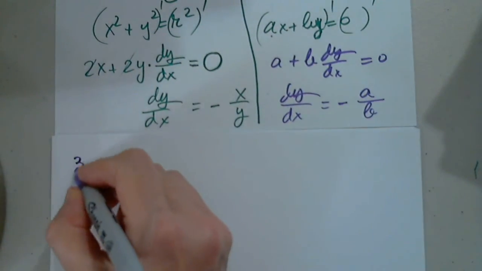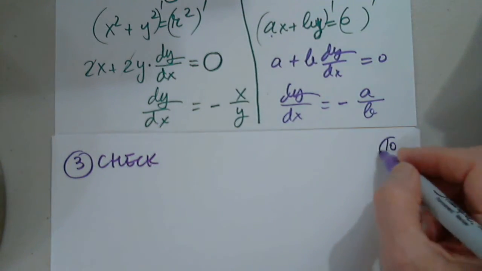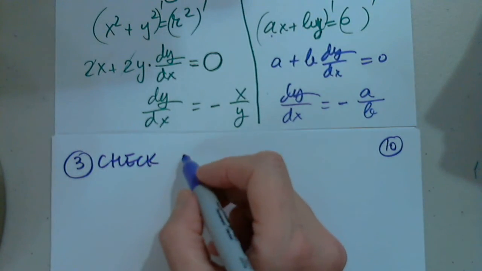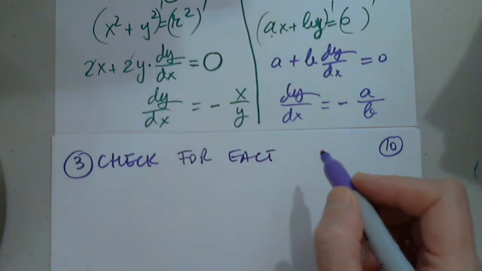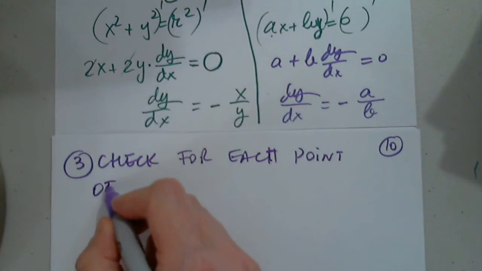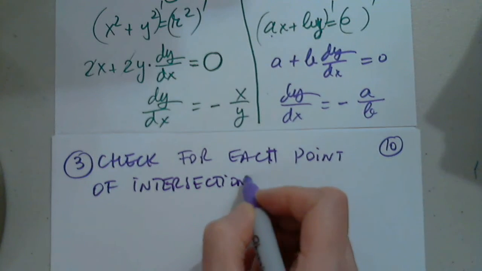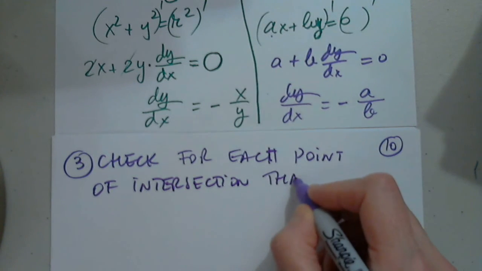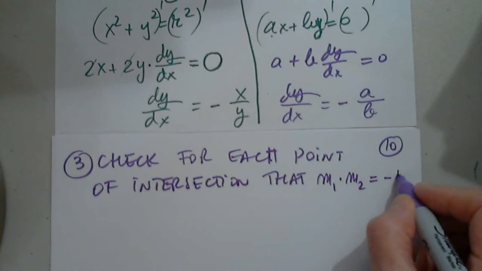Final step. Check. This is page 10. Check for each point of intersection that m1 times m2 equals negative 1.